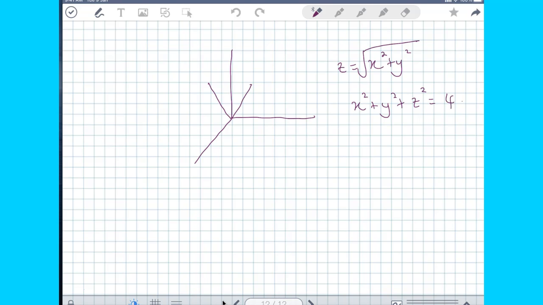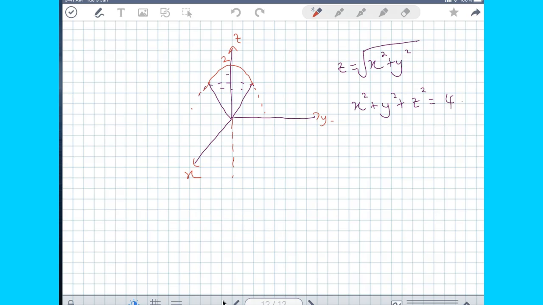So meaning that you have the cone covered by the sphere. This is part of the sphere with radius 2, z, x, and y.